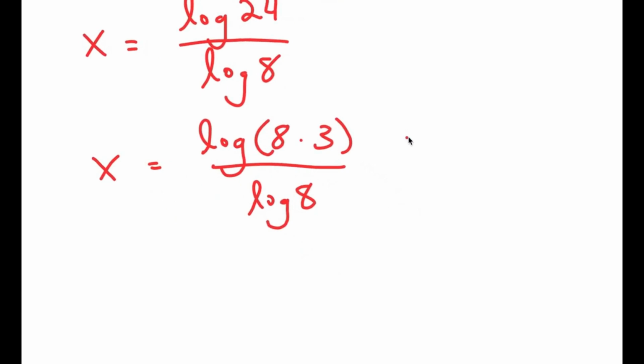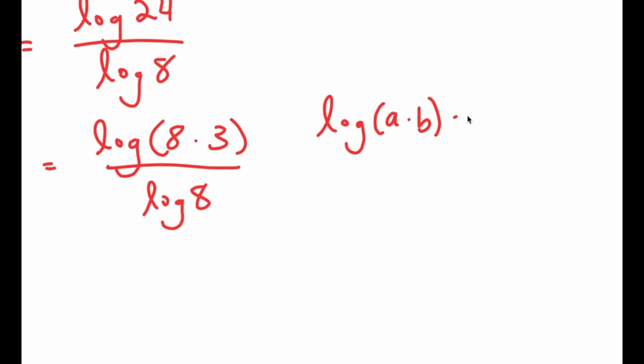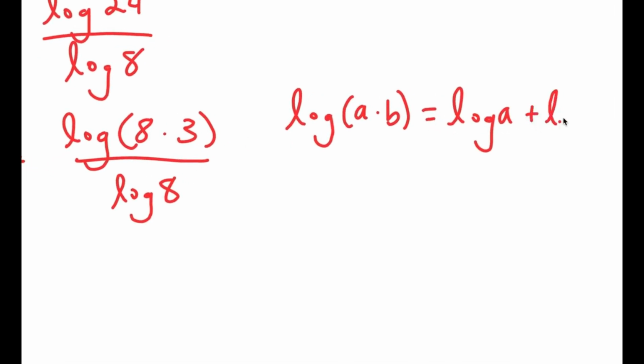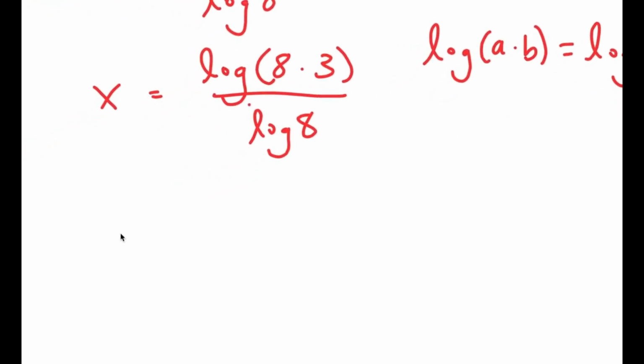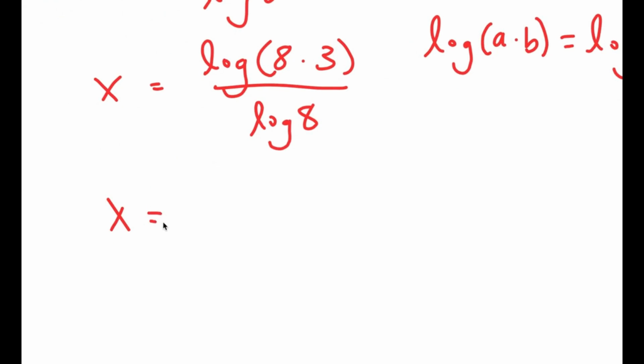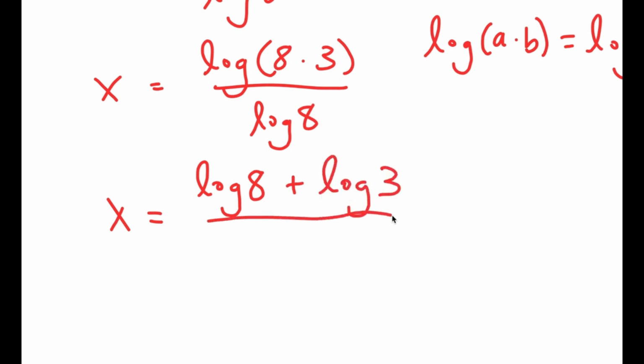Now, if I have something in the form log of a times b, this is equal to log a plus log b. So log of 8 times 3 is equal to log of 8 plus log of 3. And we have this over log of 8.